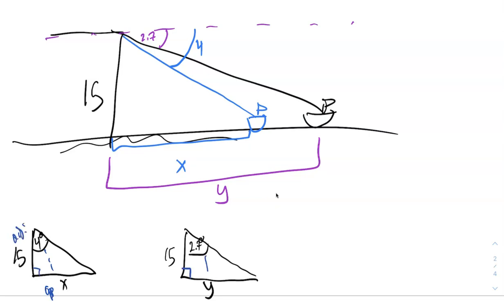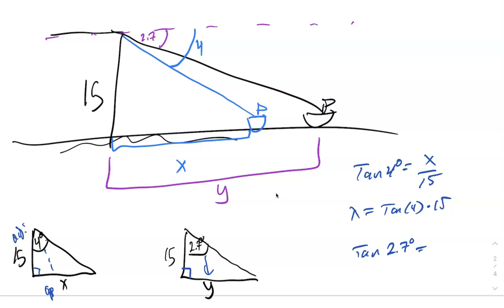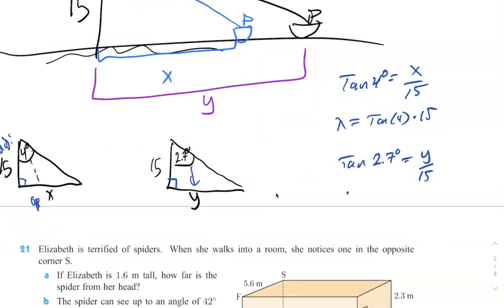Same thing here. So we're going to have tan of 4 degrees equals x over 15. So x would equal tan of 4 degrees times 15. And then we're going to have tan of 2.7 equals y over 15. So 15 times tan of 2.7 equals y.